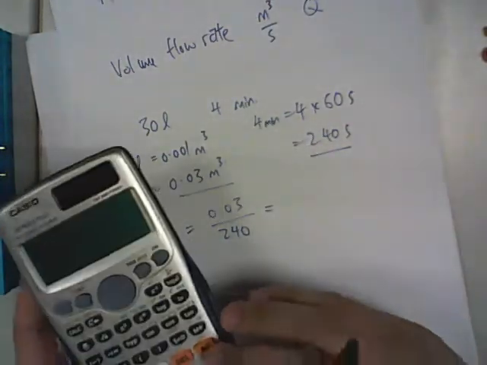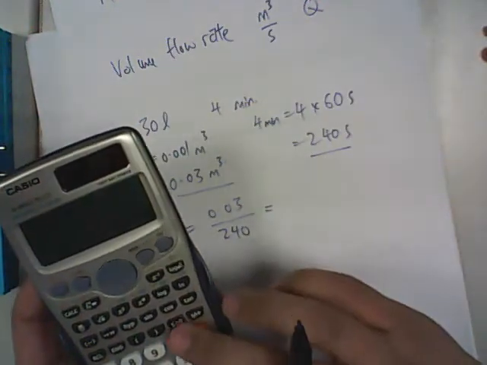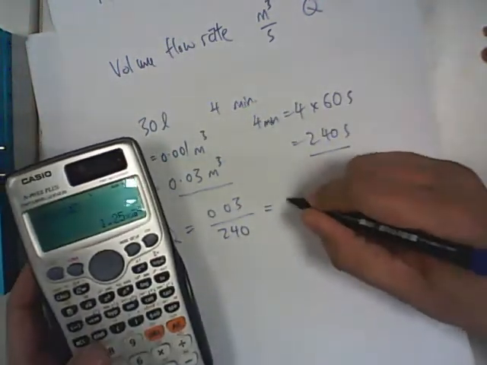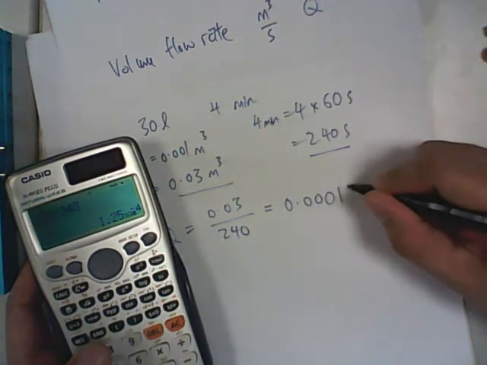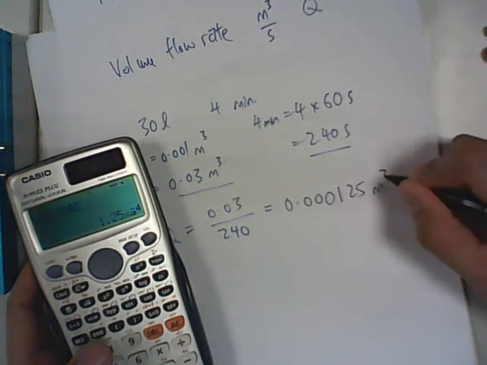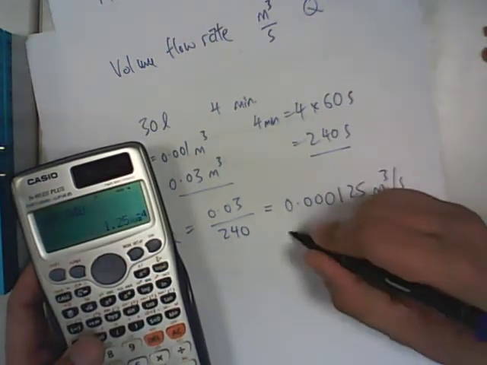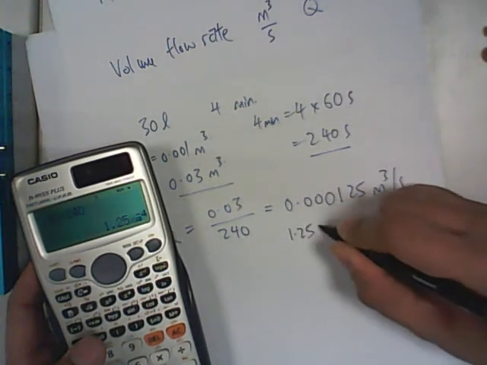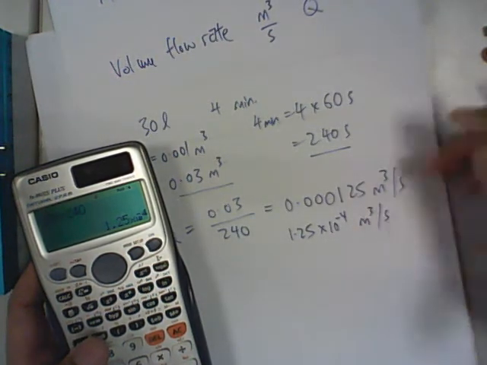It will give you 0.000125 meter cube per second, which also equals 1.25 times 10 to the power of minus 4 meter cube per second.